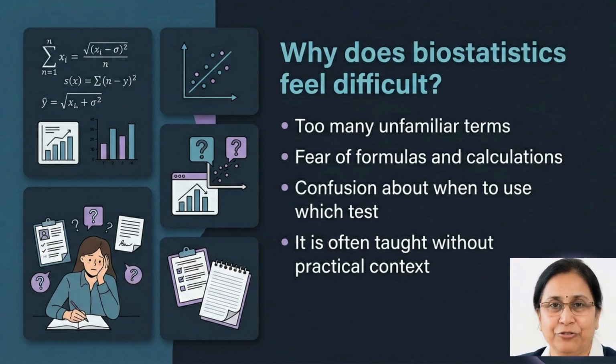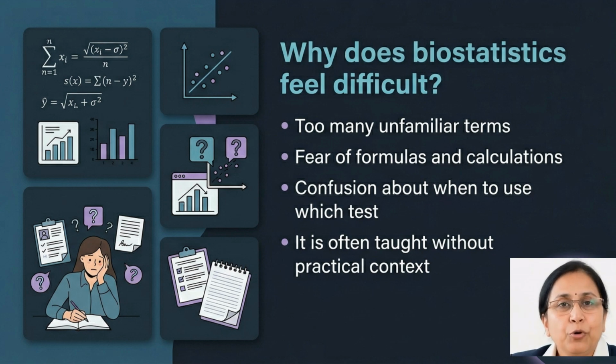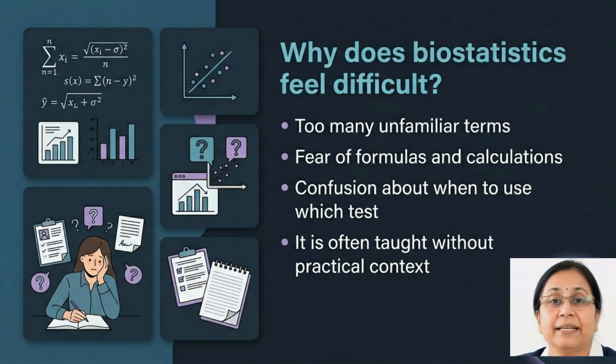Biostatistics often feels difficult, not because students are weak, but because it is often taught in a disconnected way. Students are given terms before meaning, formulas before understanding, and test names before they even know what question they are trying to answer.